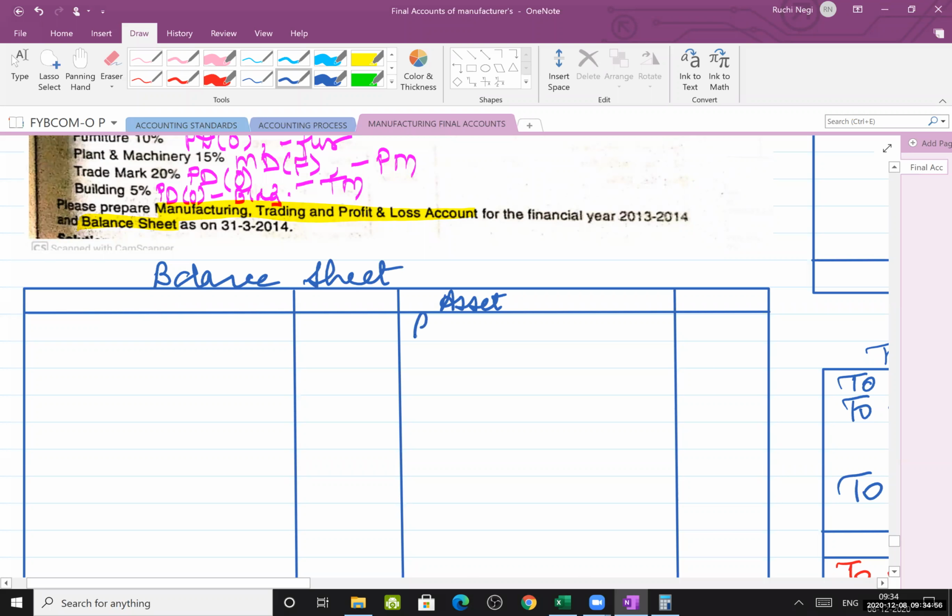Balance sheet may have building 1,50,000 less depreciation 7,500. Take it in the outer column. One lakh 42,500.